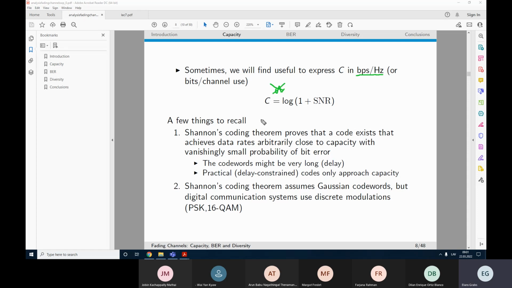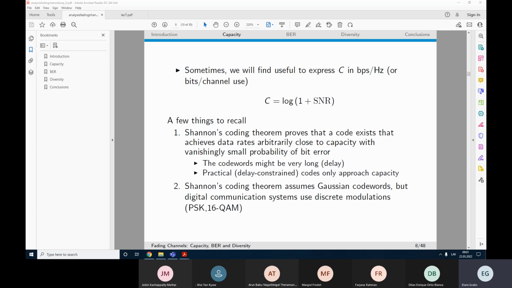We basically normalize with the bandwidth, which is usually called the spectral efficiency of the modulation type, which shows Shannon's limit: how much information can be sent in such a channel with this specified signal to noise ratio. And as you imagine, we never really reach this limit in practice.